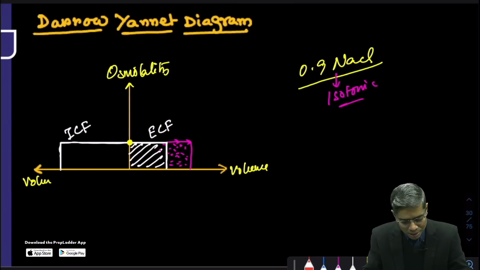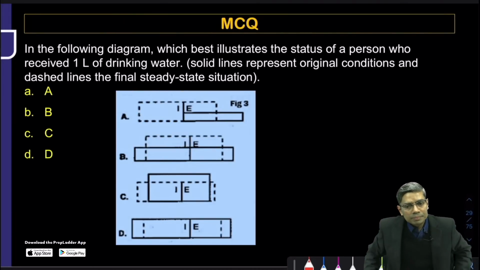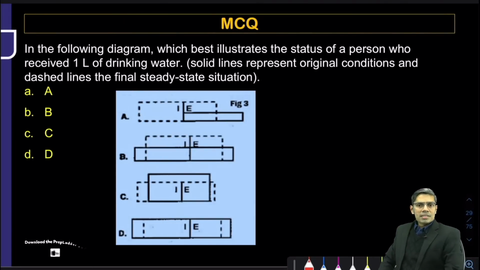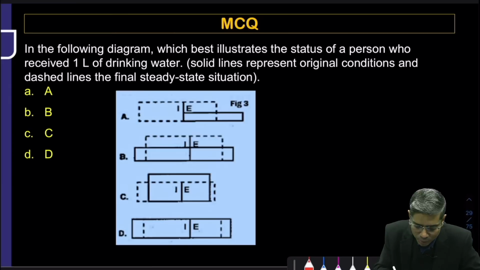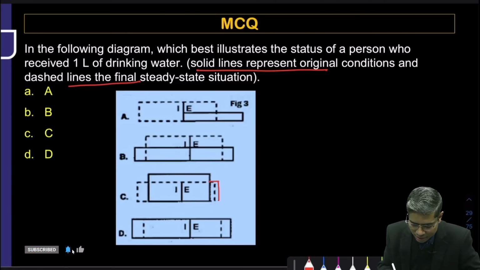Now after understanding this, if you look at this question, what will be the answer? Here you have to look at it: the solid line represents the original condition, and the dashed line indicates the final steady state. So this is the dashed line, and this is the solid line.